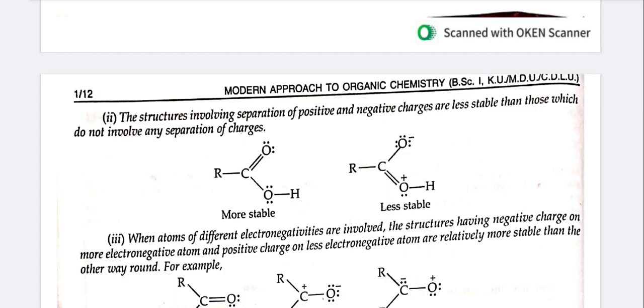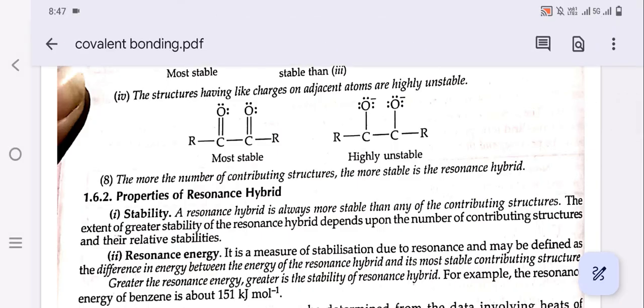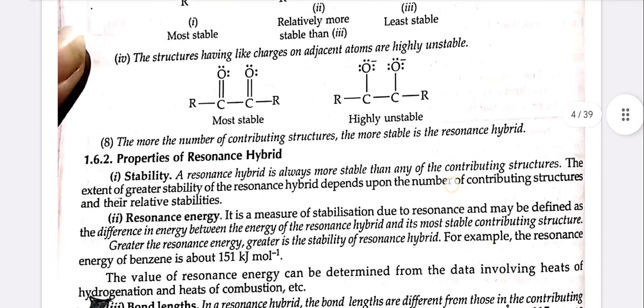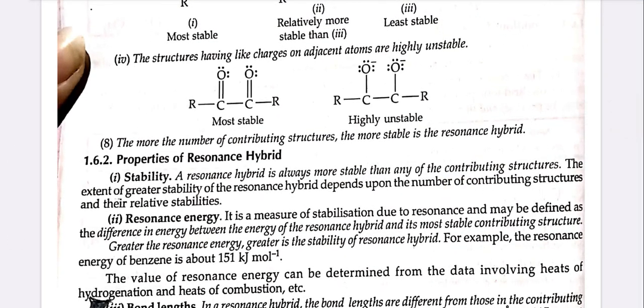Third, when atoms of different electronegativities are involved, the structure having negative charge on the more electronegative atom and positive charge on the less electronegative atom is relatively more stable than the other way round. Fourth, structures having like charges on adjacent atoms are highly unstable. Eighth, the more the number of contributing structures, the more stable is the resonance hybrid.